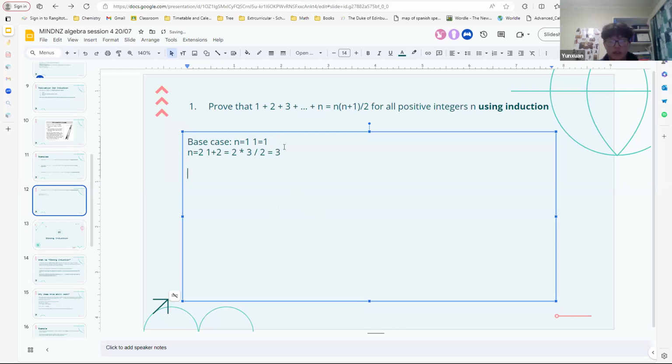And then for the inductive hypothesis, we assume this is true for some k, right? But then how do we extend this to k plus 1?